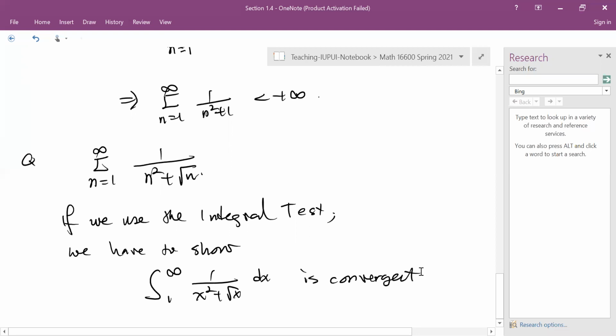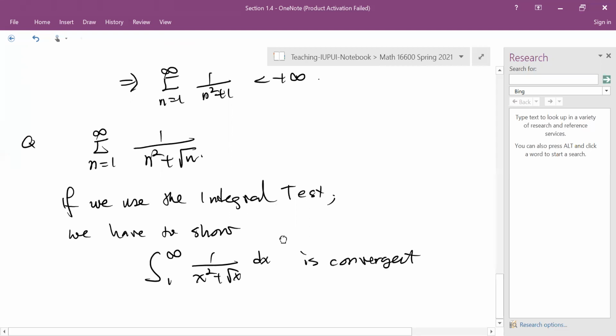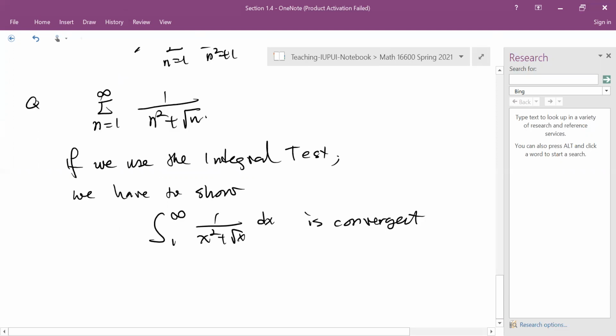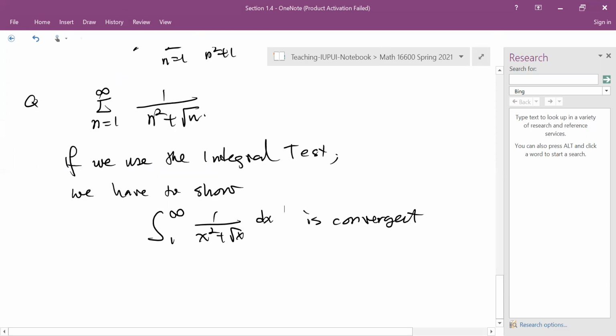Then you still have to use a comparison test, because otherwise you cannot find the antiderivative of this function. It's no way. So why go through the integral test? We just use a comparison test directly.